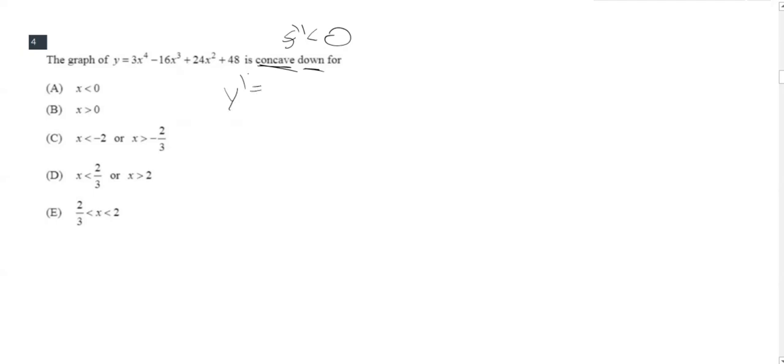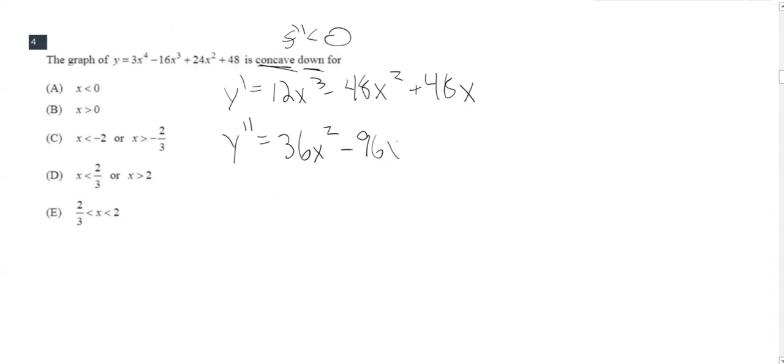So to do that, you got to find the first derivative, which would be 12x cubed minus 48x squared plus 48x. The second derivative is going to be 36x squared minus 96x plus 48.